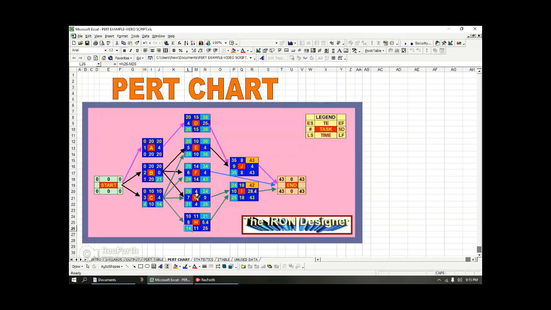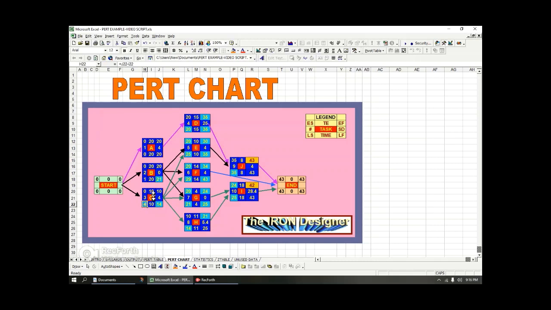Now on the LSs, you have to put the lower values going back. So if you have two competing values for C, then C has to take the lowest value of everybody that's dependent on C. So here it would have been 25, 29, 21, and 14. You have to put the lowest value. So the lowest value is 14.